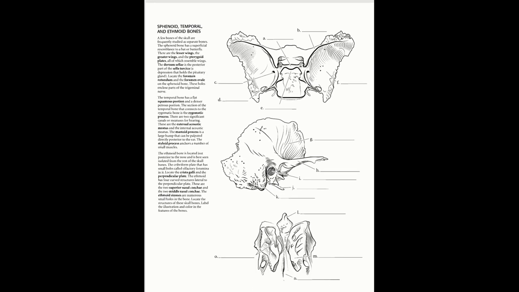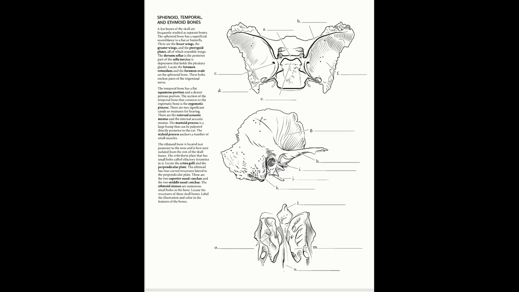So, as I've mentioned a couple of times, the sphenoid is internal. And so really we can see portions of it, but you don't see the full bone unless it is isolated. And from there we can really identify the individual features.